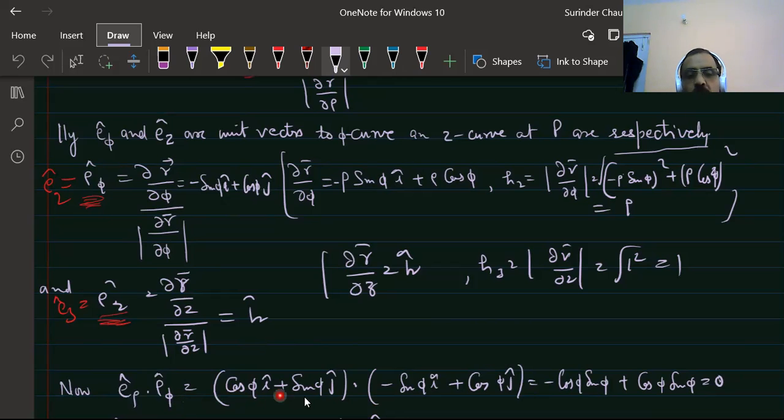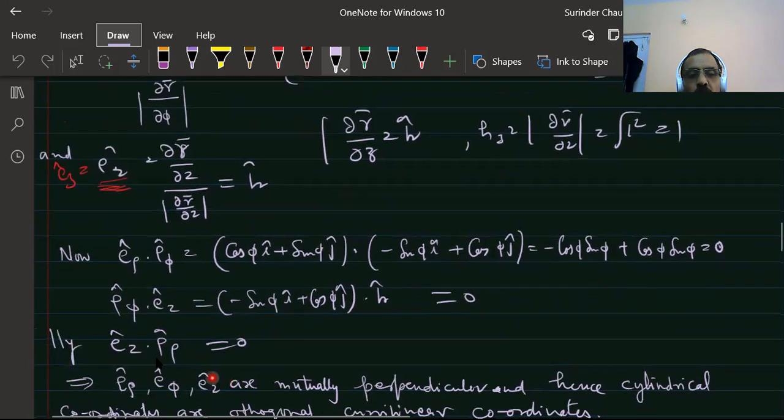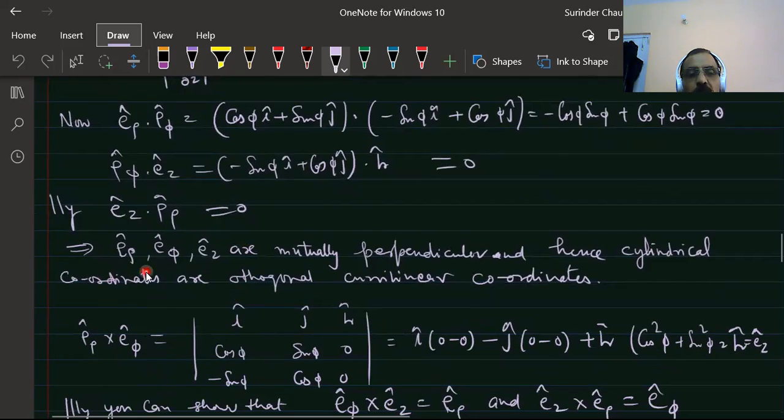E rho dot E phi is equal to 0. Similarly, E phi dot E z is equal to 0, and E z dot E rho is equal to 0. This implies E rho, E phi and E z are mutually perpendicular, and hence cylindrical coordinates are orthogonal curvilinear coordinates.